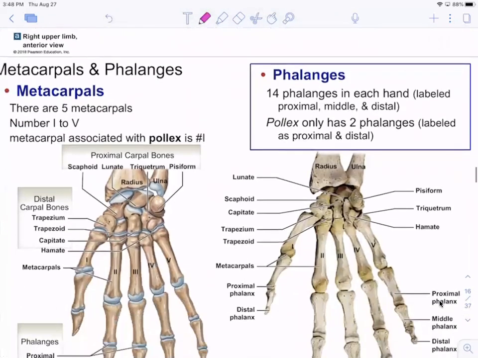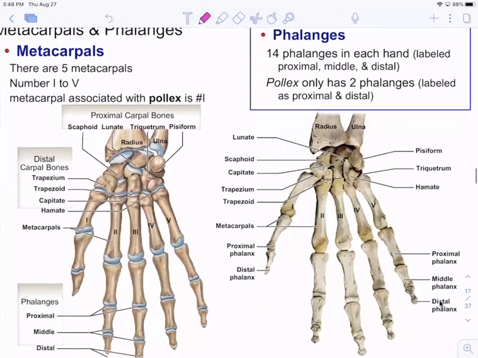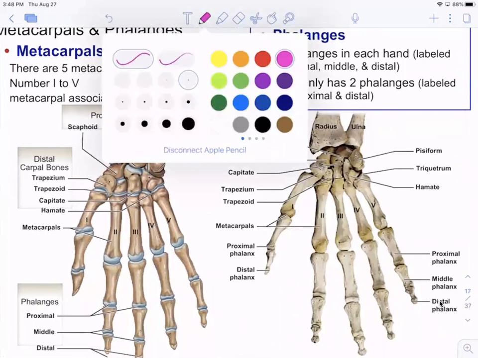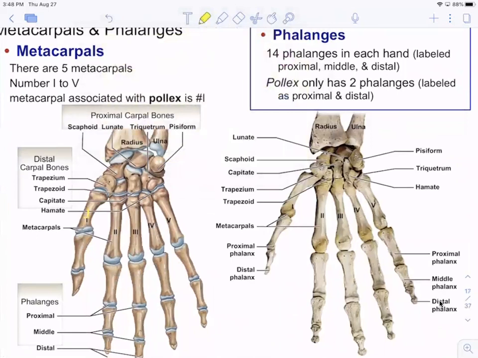Okay, so metacarpals are pretty easy because they're Roman numeral 1 through 5. Usually the thumb is number 1. So your pollex or thumb is metacarpal 1, metacarpal 2, metacarpal 3, metacarpal 4, and metacarpal 5. Fairly straightforward.